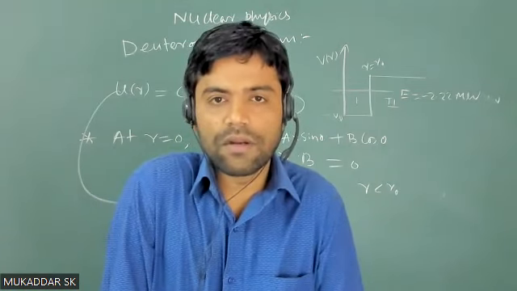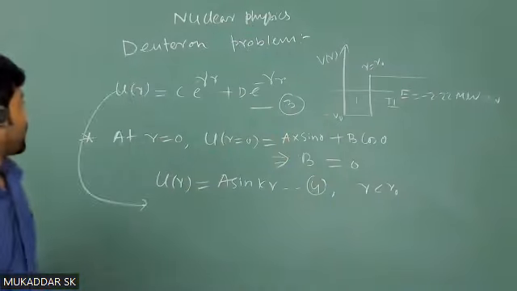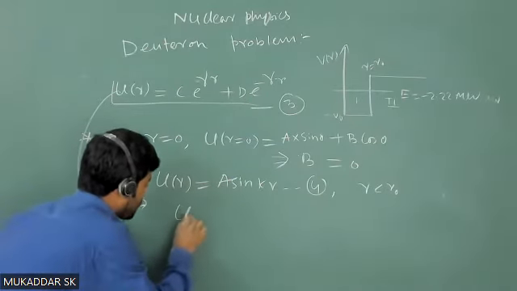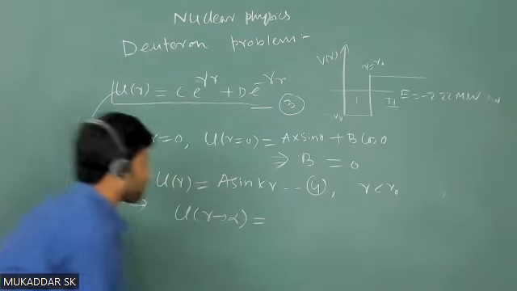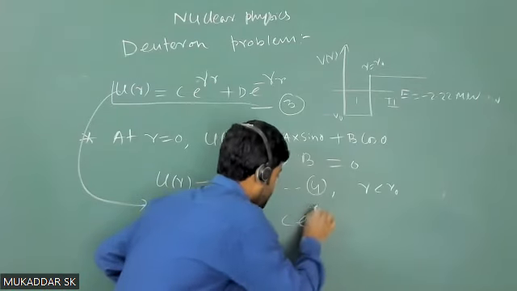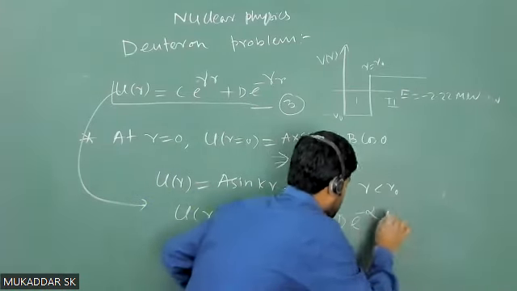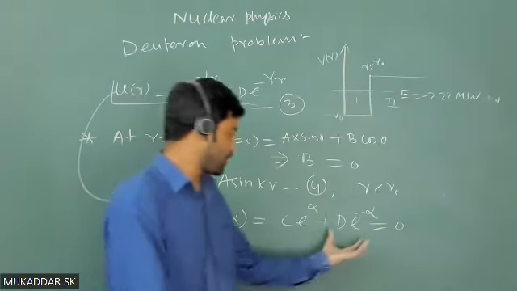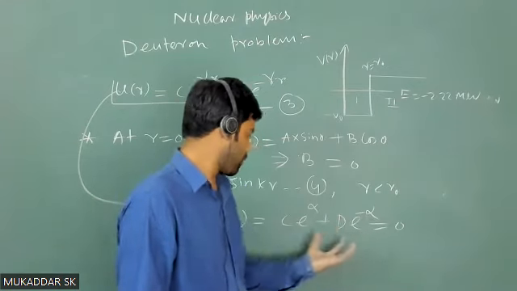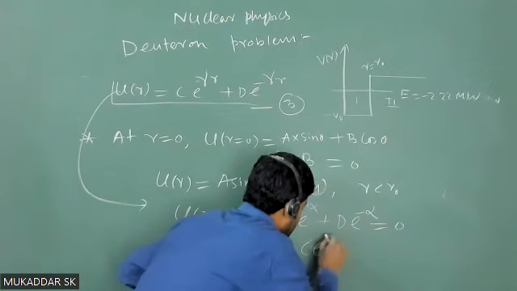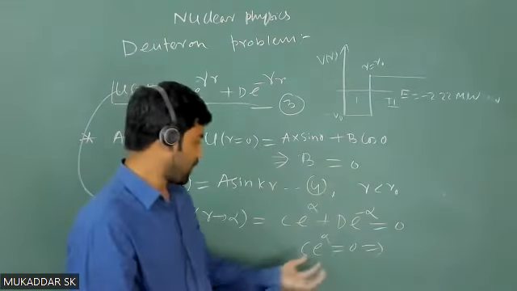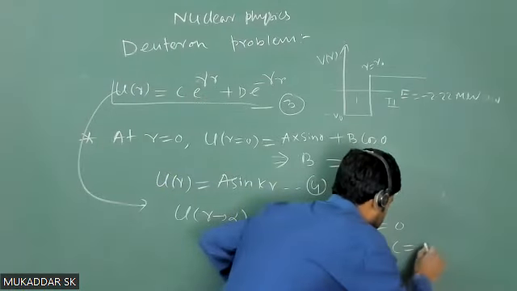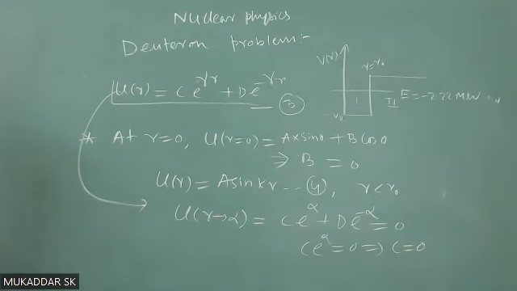So u of r at infinity, the term c exponential infinity plus d exponential minus infinity, should be 0. The term d exponential minus infinity is already 0, and c exponential infinity is non-zero since exponential infinity is infinite, so obviously c will be 0.